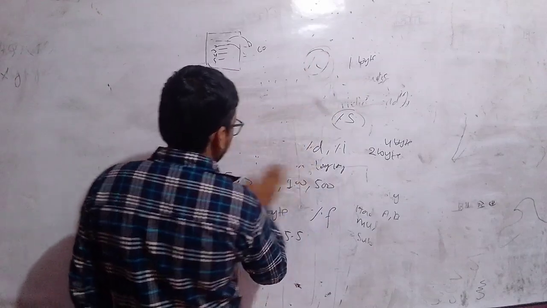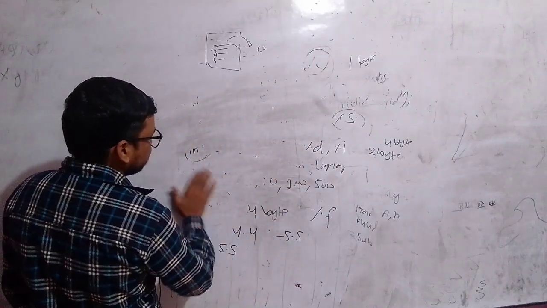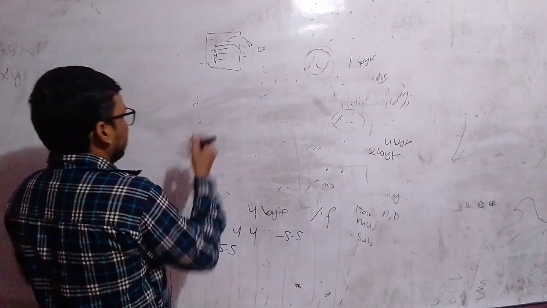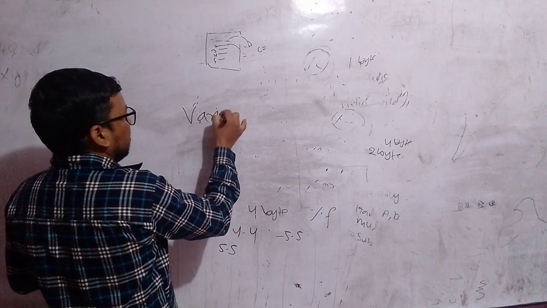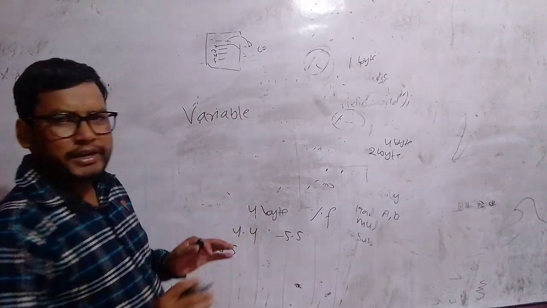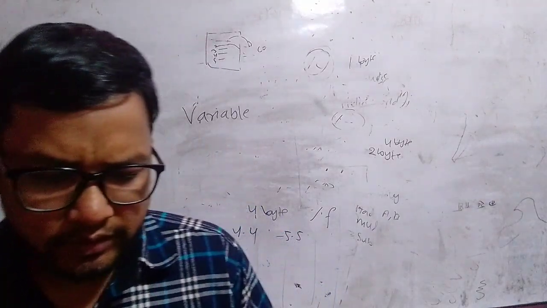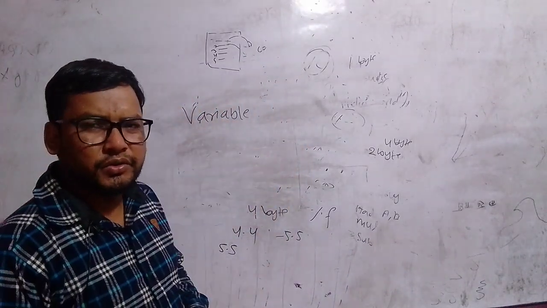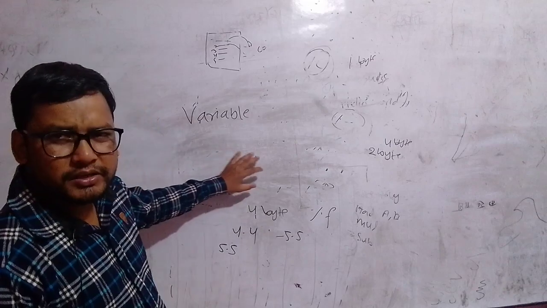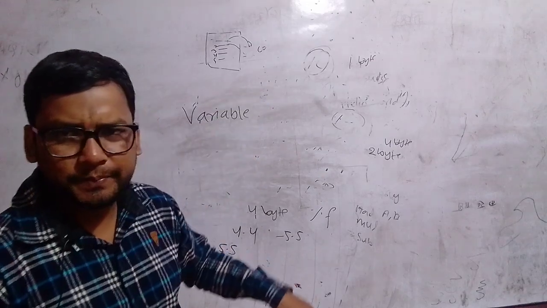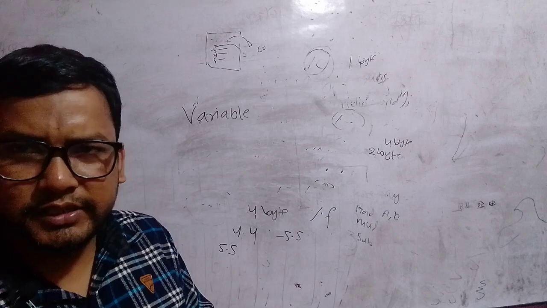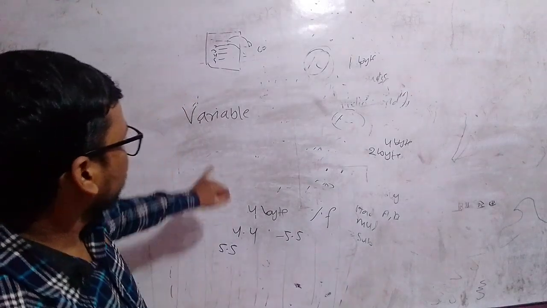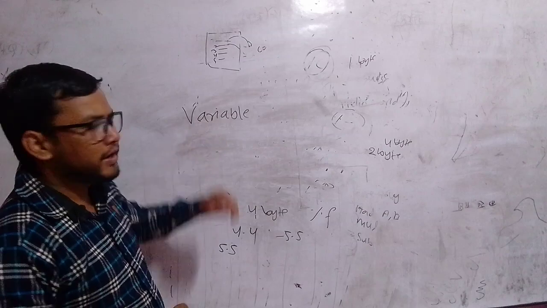Now, let's study variable. Variables and data types are the most important things before beginning the programming language. We need to understand the variable and the data type because these are very important for writing the program. We have already discussed the data type and types of data type. For example, integer, float, character, string, double, etc. Now it's turn to study variable.